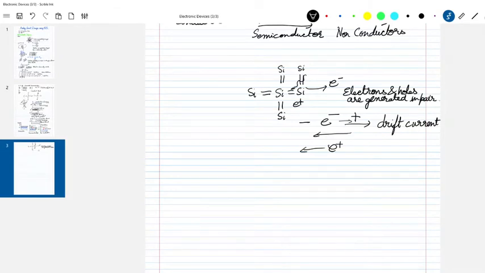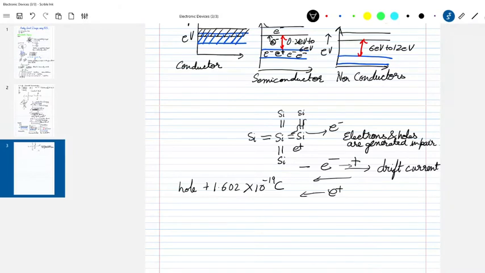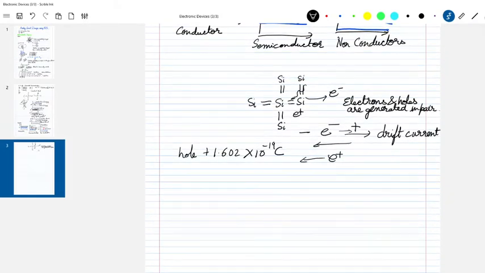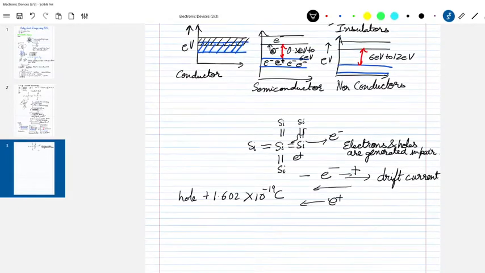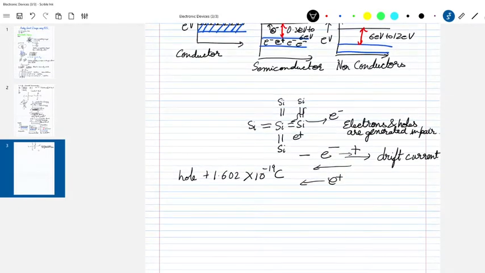So we have a concept of a hole. The hole has a charge of plus 1.602 times 10 raised to minus 19 coulomb, because of the absence of an electron. There is also going to be a mass associated with it. What do we mean by that?